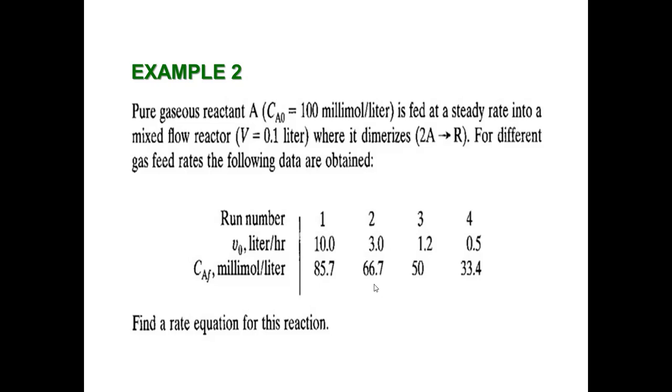Correspondingly, you could see a trend that if there's a decrease in the volumetric flow rate being processed by your reactor, there is also a decrease in the final concentration of A unreacted. So you are to find the rate equation for this reaction.